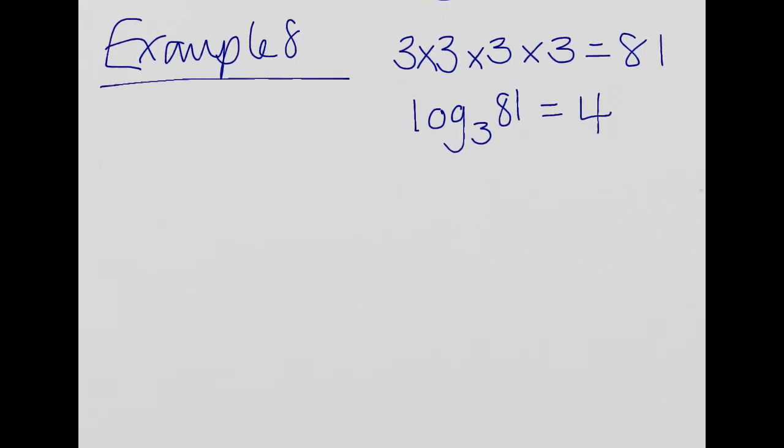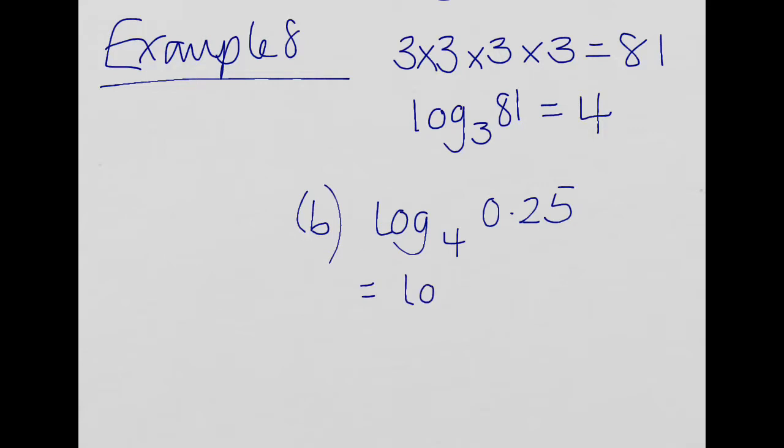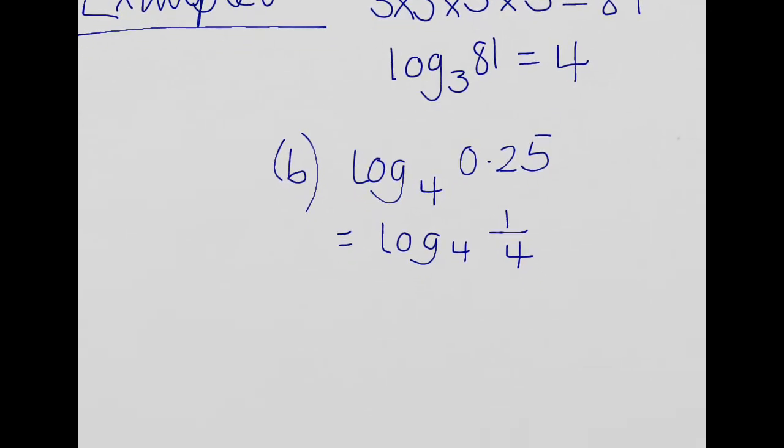Now B, log to the base 4 of 0.25. If I'm doing this without a calculator, I need fractions because they make my life so much easier. So here I'm going to rewrite that as log to the base 4 of 1/4. What's my base? My base is 4.